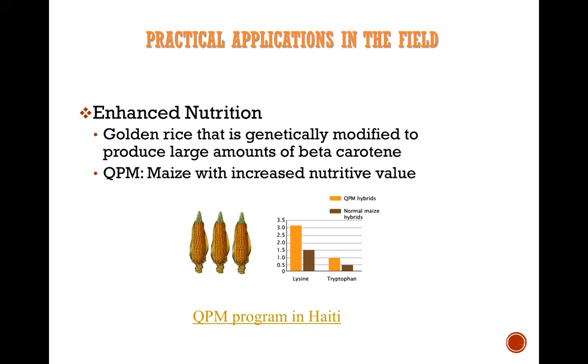So patenting has been a way to help companies regain some of those costs, and yet there are cases where companies have genetically engineered food crops, especially for issues in developing countries, with the expectation that they would not be paid for this work. They would do it for free.